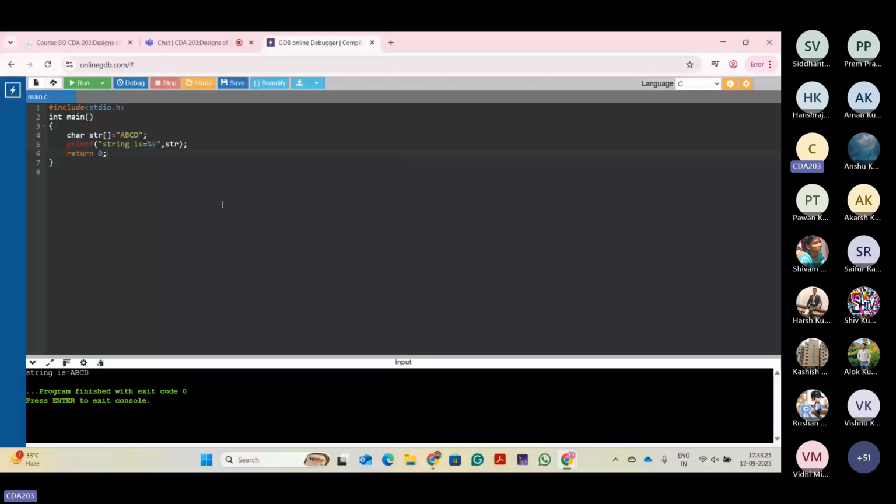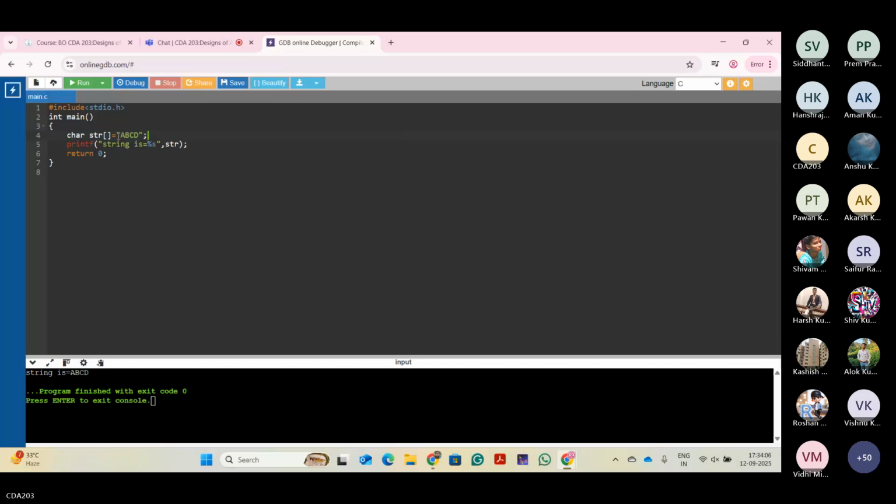That's the idea behind executing this long integer multiplication algorithm. So this is the string we are talking about, and I think I have covered how to take an input.